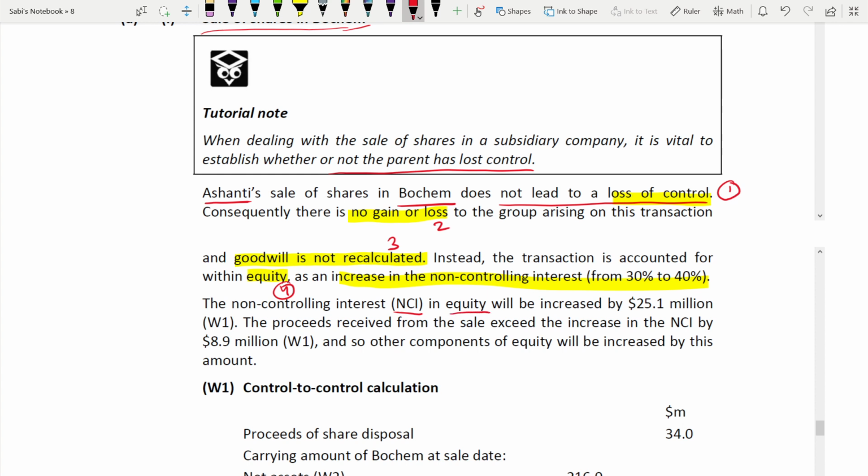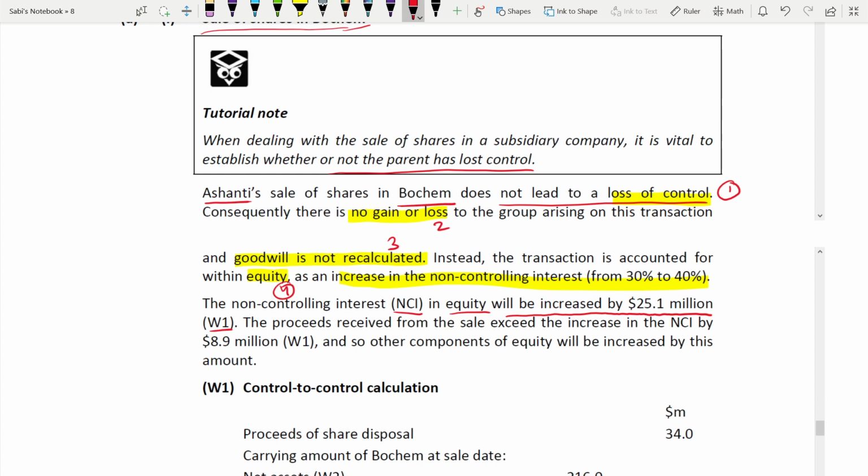NCI will definitely increase, because we said 30 to 40%. But it will increase by how much? $25.1 million. It is shown in working 1. Like this, you have to label it. Right next to it, you write working number 1. That means when I go to working number 1, I should be able to know how I got 25.1.